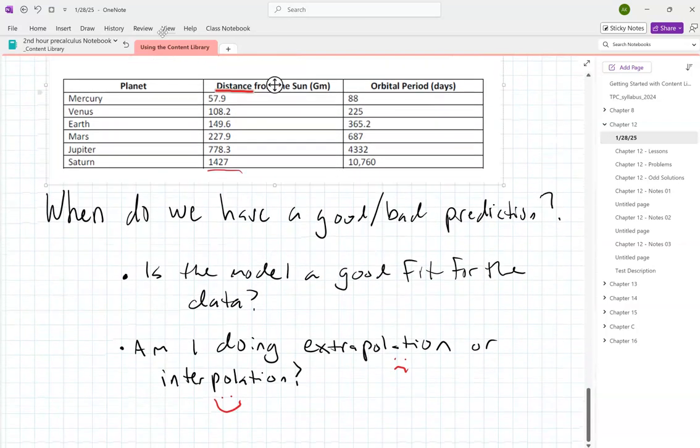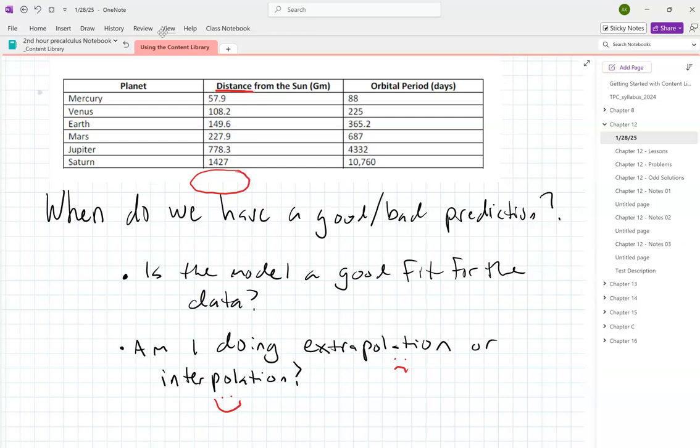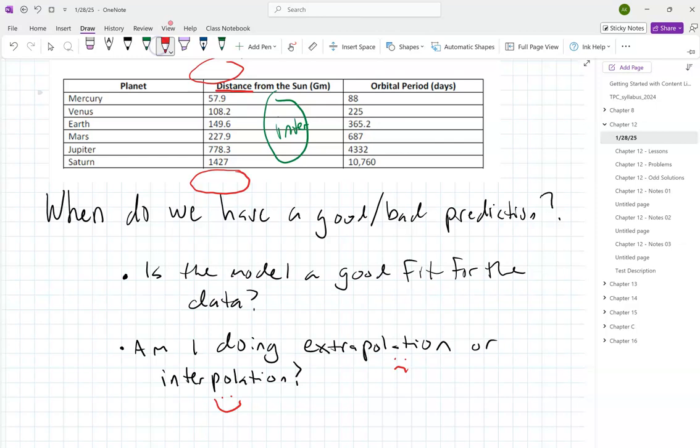So if I'm picking x's that are bigger than 1,427 or smaller than 57.9, I'm doing extrapolation. If I'm picking an x in between, I'm doing interpolation.